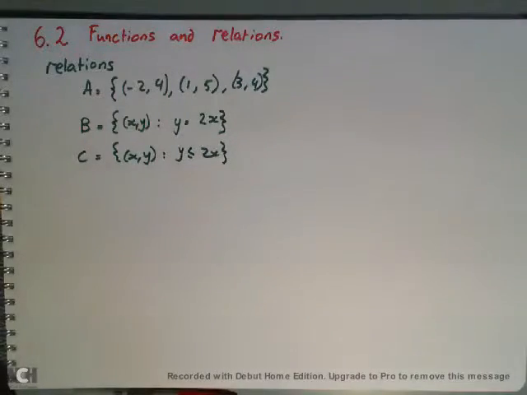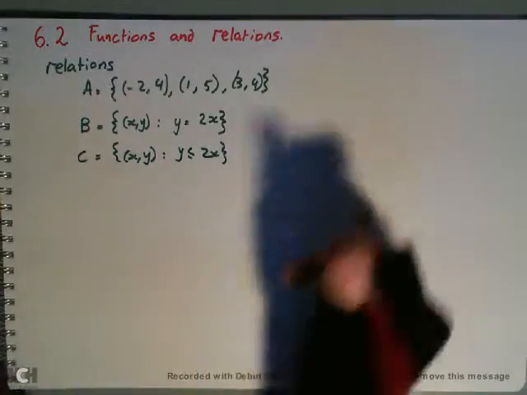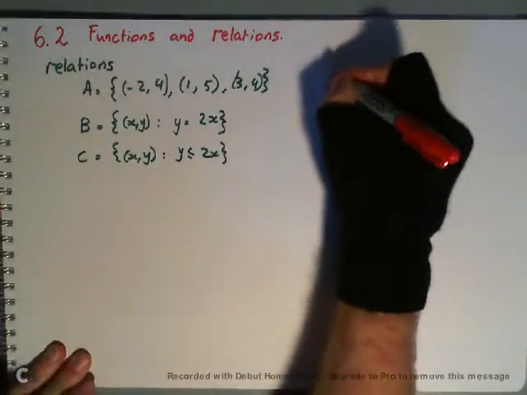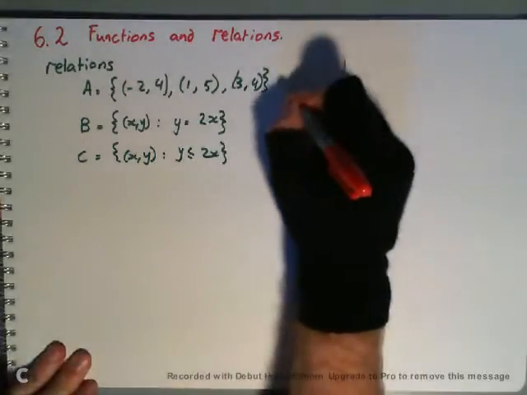The graph of A would consist of 3 points, B would be a straight line, and the graph of C would be a closed half plane. We'll be looking at these examples shortly, but for now, let's draw them out.